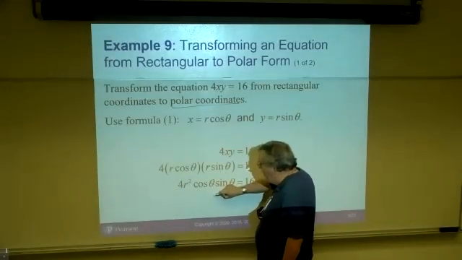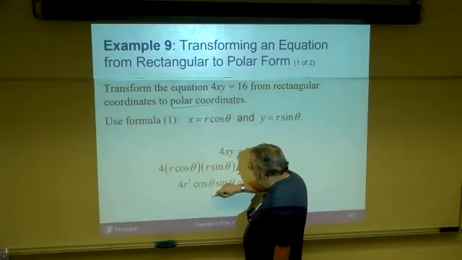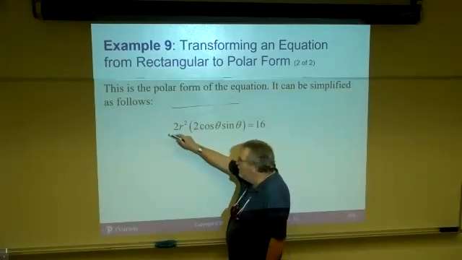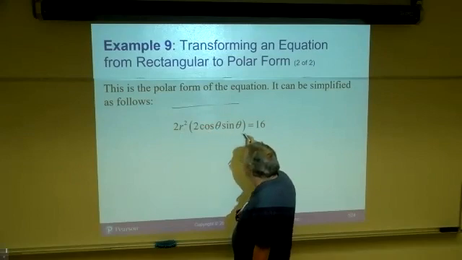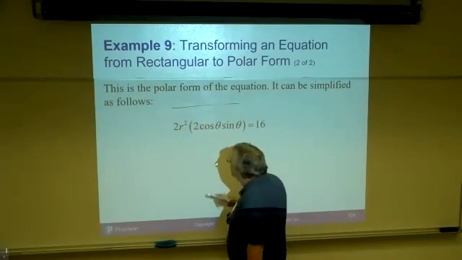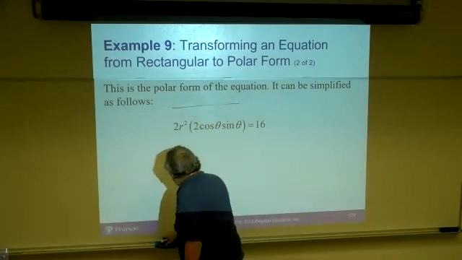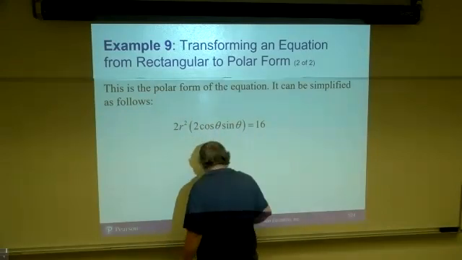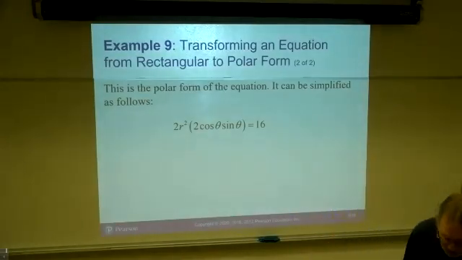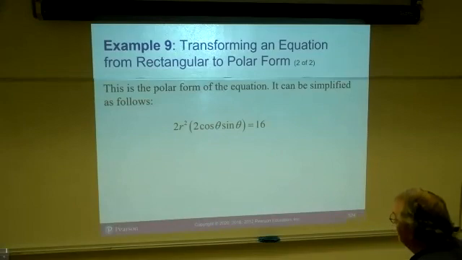To go from here to here, they wrote 4 as 2 times 2 and brought the 2 over here and grouped this together, because this is part of the double angle formula for sine.